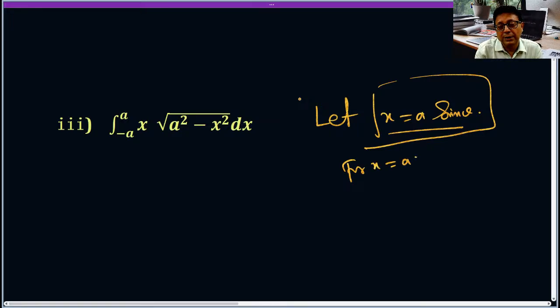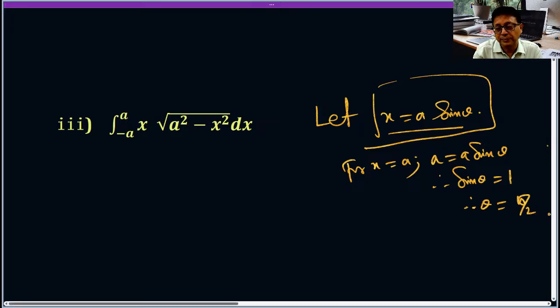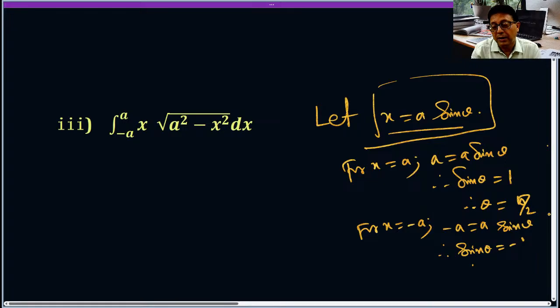For x equal to a, therefore sin theta equal to 1. So theta is what? Pi by 2. And another limit is minus a. For x equal to minus a, sin theta is minus 1, so theta is minus pi by 2. Limit is changed.